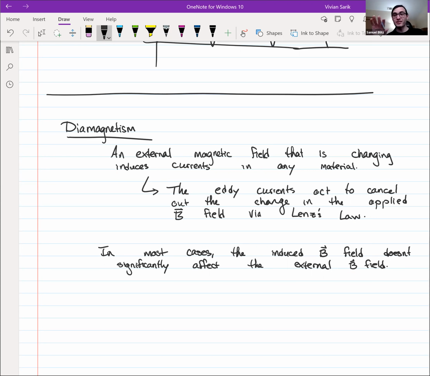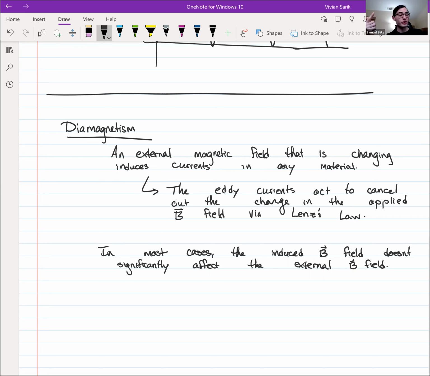Humans are a lot heavier. Also, we don't know how it will affect the brain, so different story, right? So that's in insulators. Water is an insulator, and so the eddy currents can't be very big.